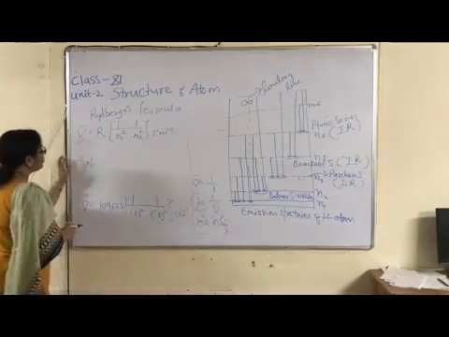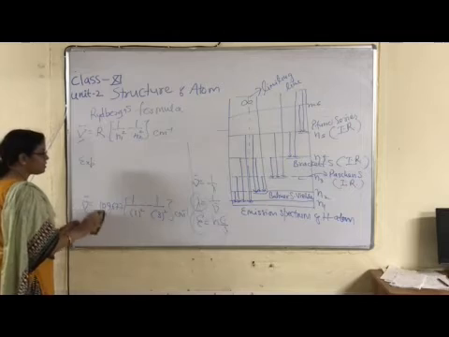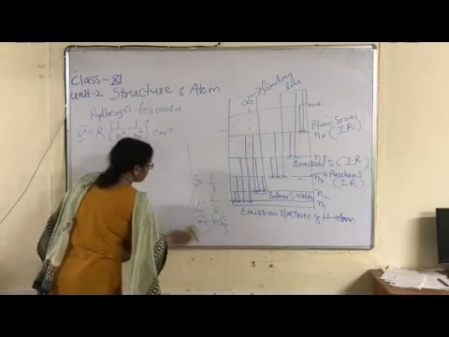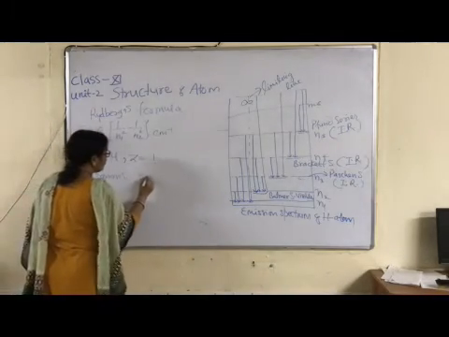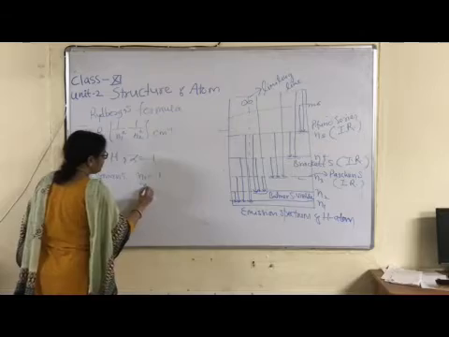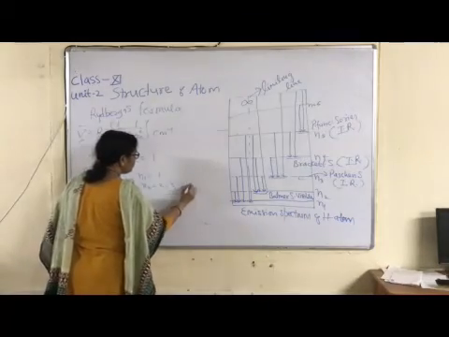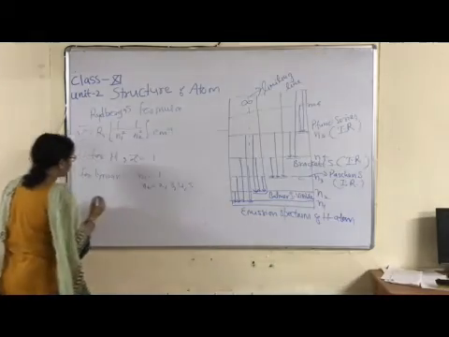Okay children. Now application of Rydberg formula in different series of emission spectrum of hydrogen atom. For Lyman series, N1 is equal to 1 and N2 is equal to, first value starting from 2, then 3, 4 and 5. This is first higher energy level. Next series is Balmer series.